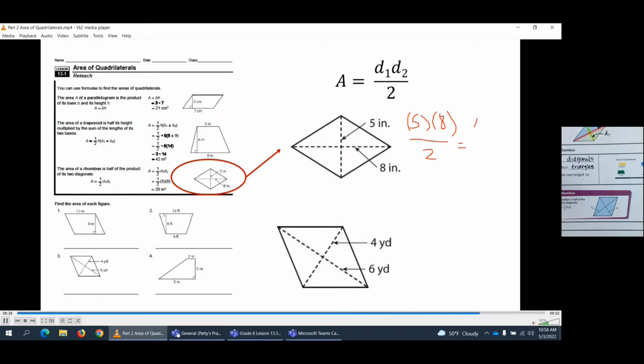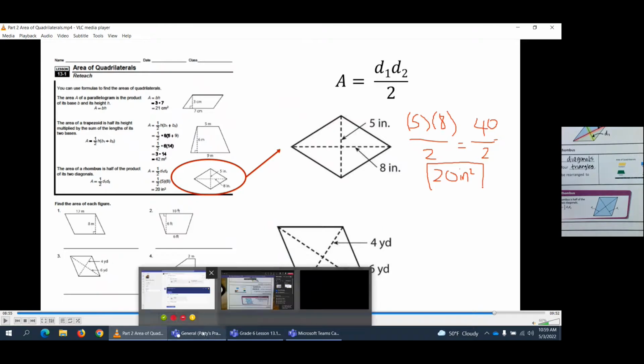That's basically 40. 5 times 8 is 40 divided by 2, which is 20. So the area of this rhombus is 20 inches squared. Okay? Okay, I'm going to stop the video there and we'll come back to the notes.